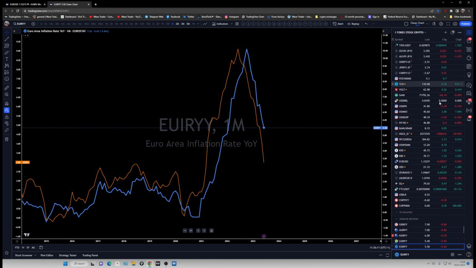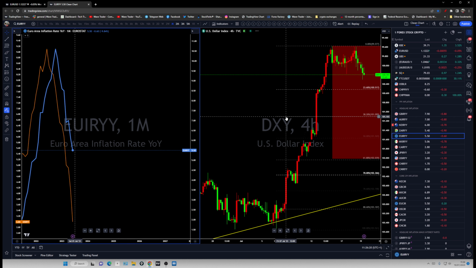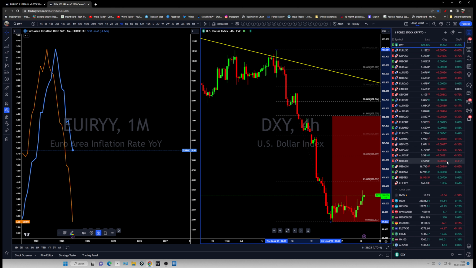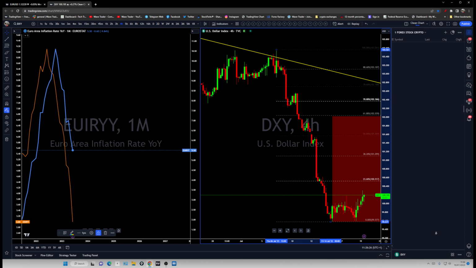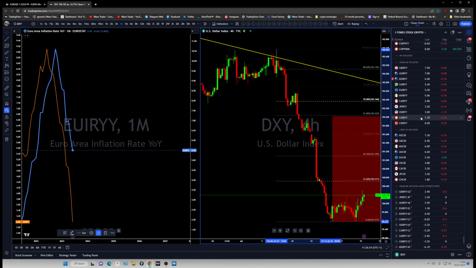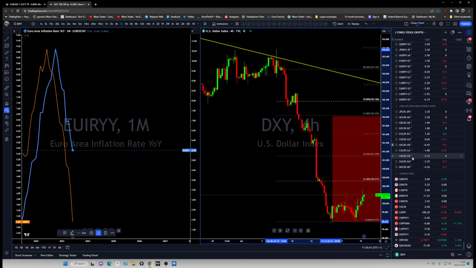If I look at the interest rate, I'm going to make it side by side, and we'll look at the EU interest rate and the US interest rate. This is the core inflation.